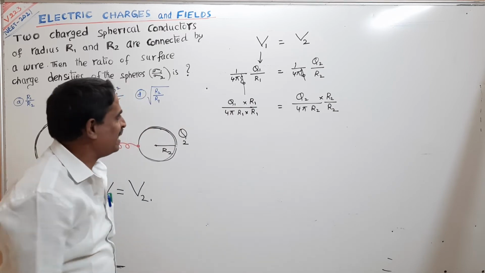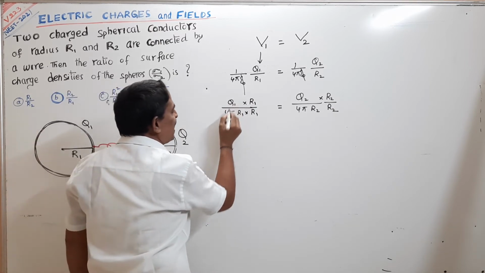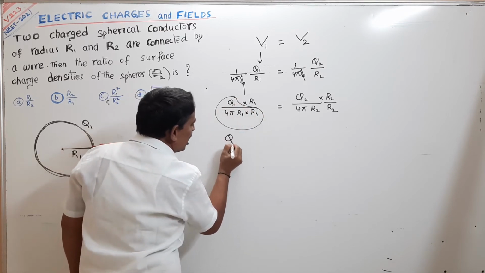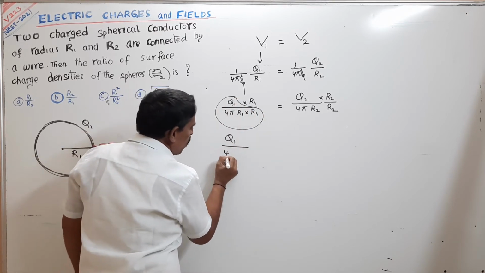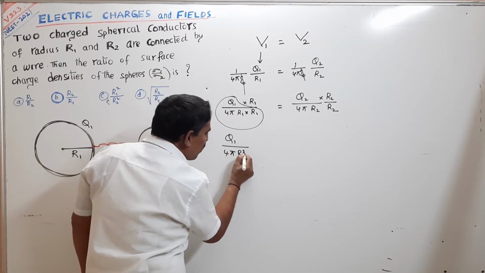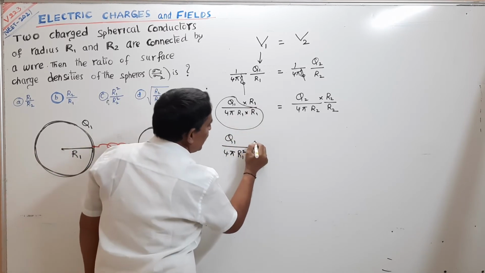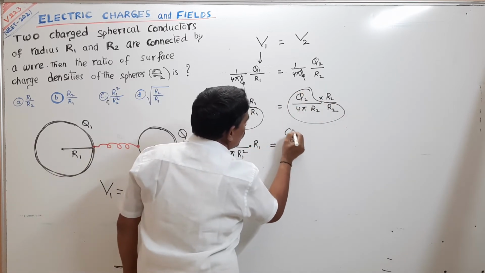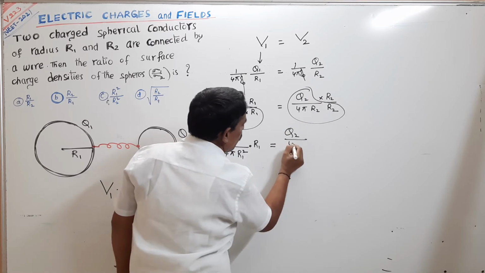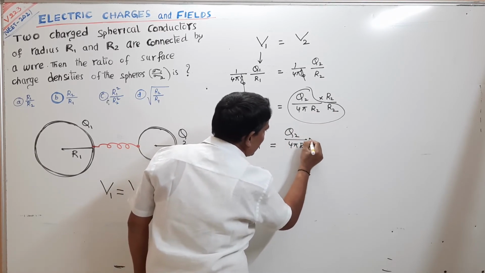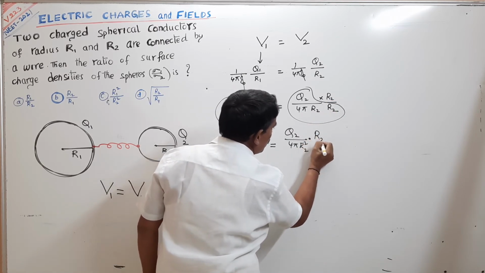There is no change. This can be written as Q1 by 4 pi R1 square into R1, equals Q2 by 4 pi R2 square into R2.